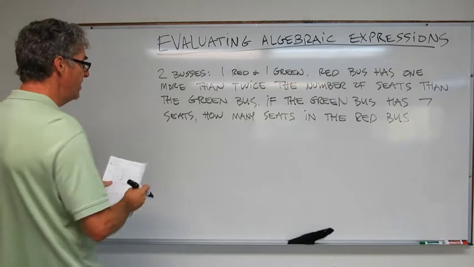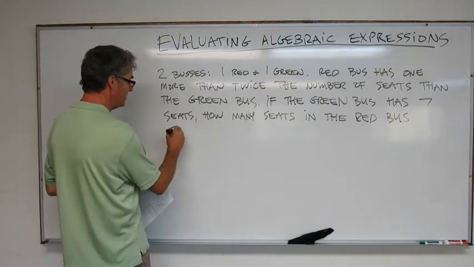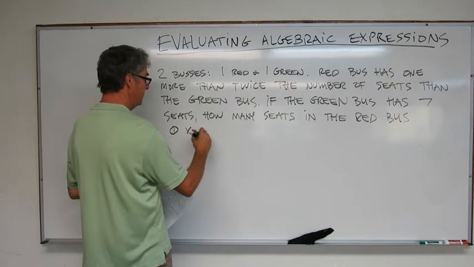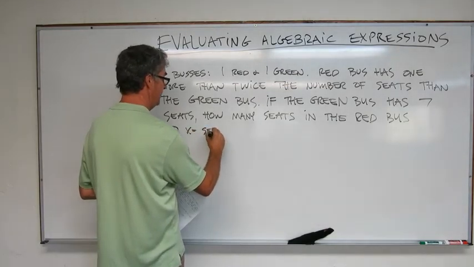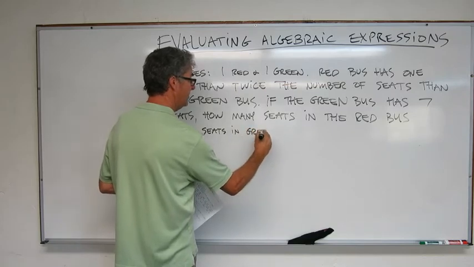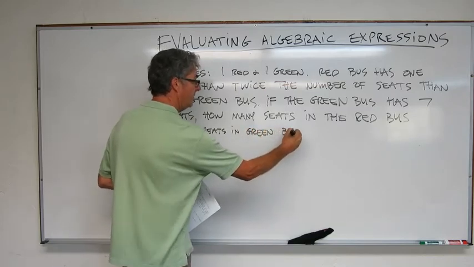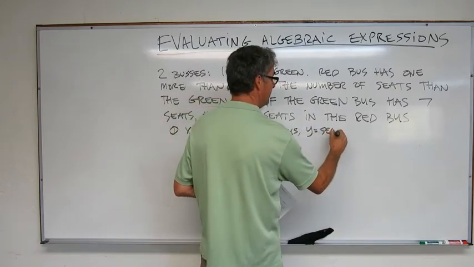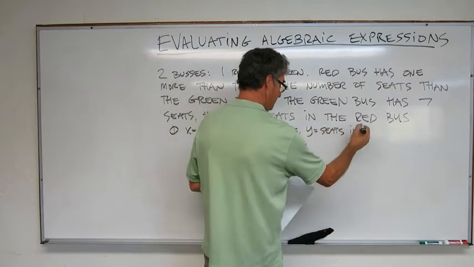Step 1, define variables. So I'm going to write a little 1 for step 1. I'm going to say X equals seats in green bus, Y equals seats in red bus.